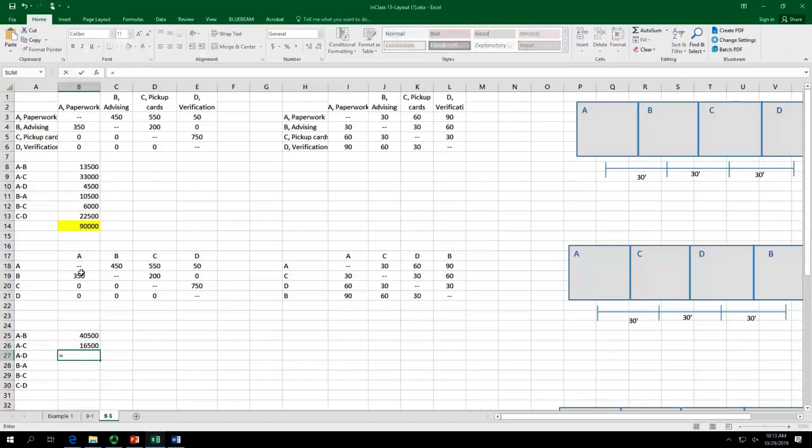For the next one is A and D, so people count is 50. And then A and D, the distance is 60. So here, 60. B and A, 350. And B and A, the distance is 90.